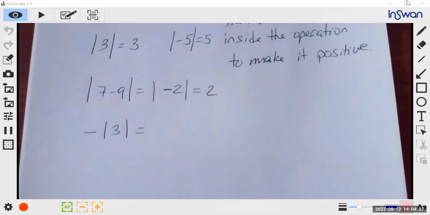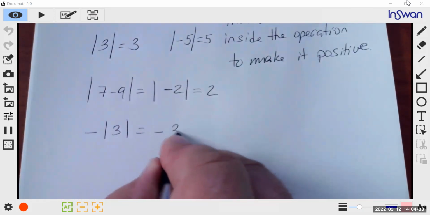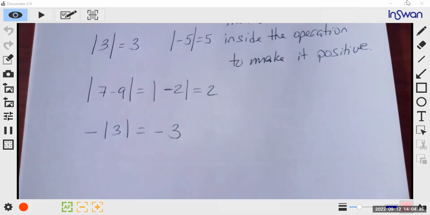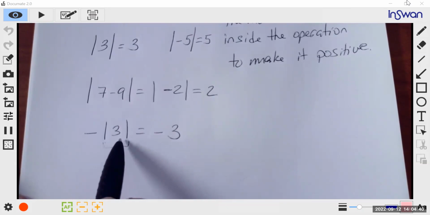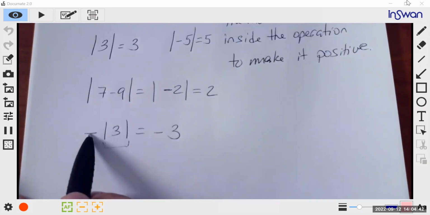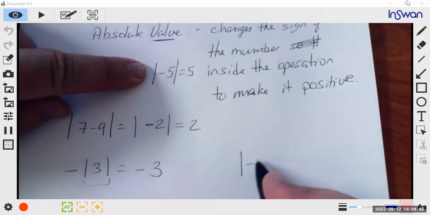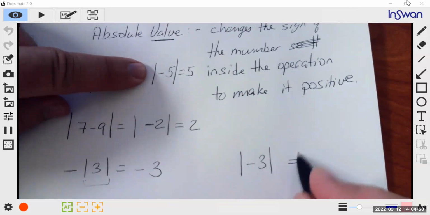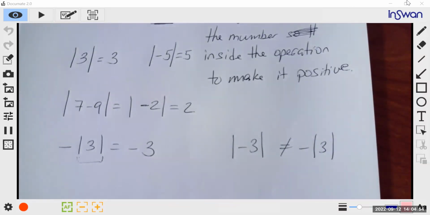How about if the negative is on the outside? What's the answer? What's the absolute value of 3 with a negative in front? There's a difference, because the negative is outside of the absolute value sign, outside the operation.